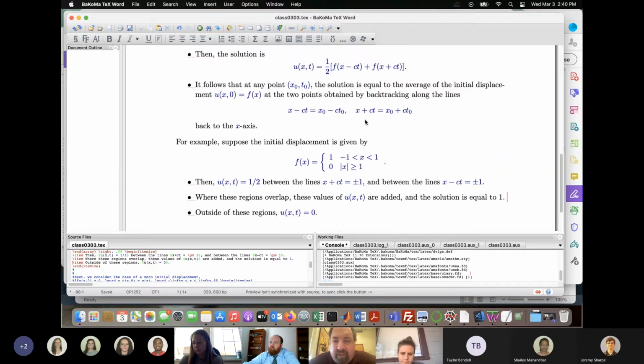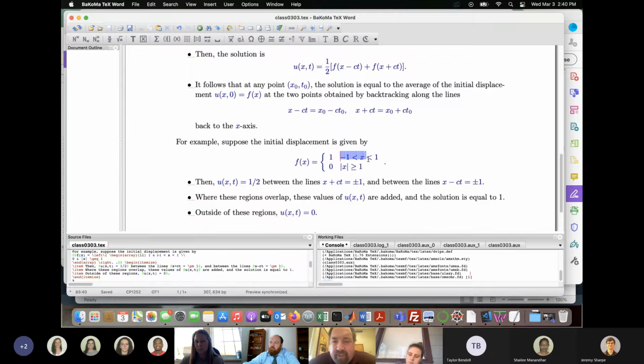One of these terms will be getting a value of f at a point, x minus ct or x plus ct, where the initial data is equal to 1, because x minus ct or x plus ct will fall within this interval.